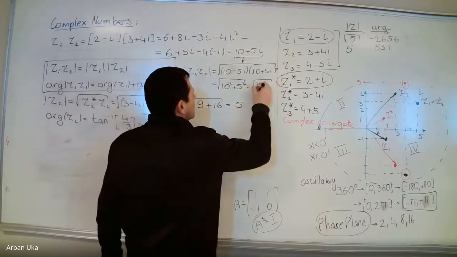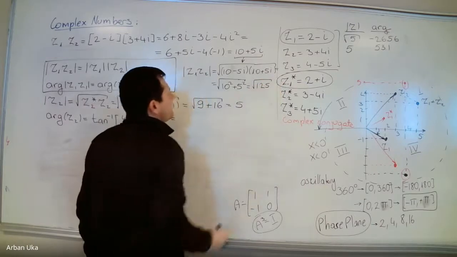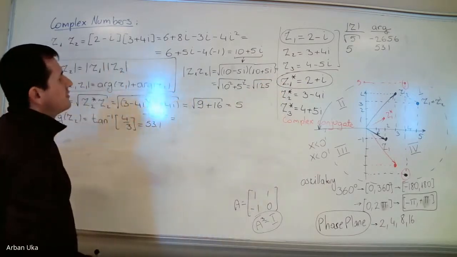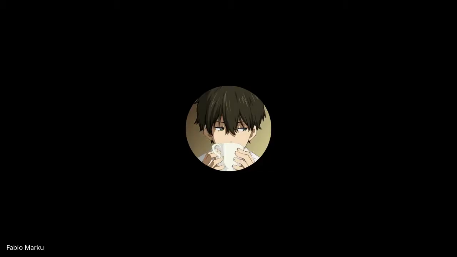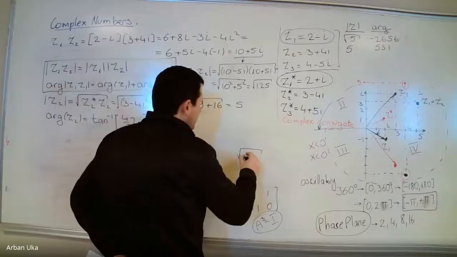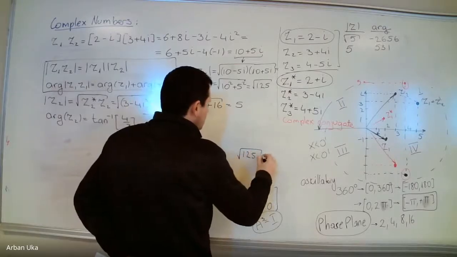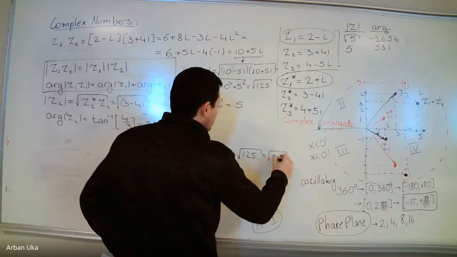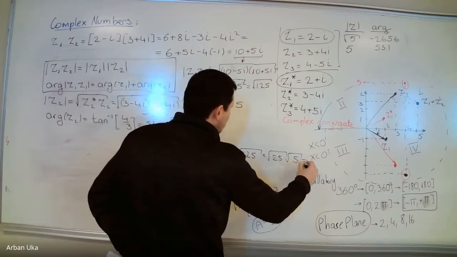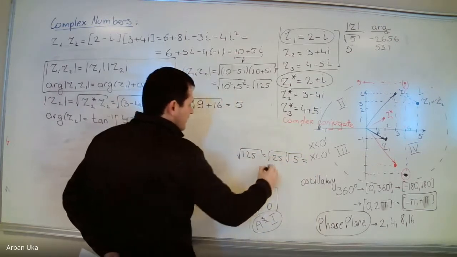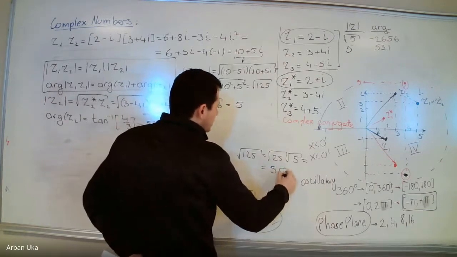The square root of 125 is 11.1. The square root of 125 is equal to the square root of 25 times the square root of 5, and the square root of 25 is 5, so it is 5 times the square root of 5.